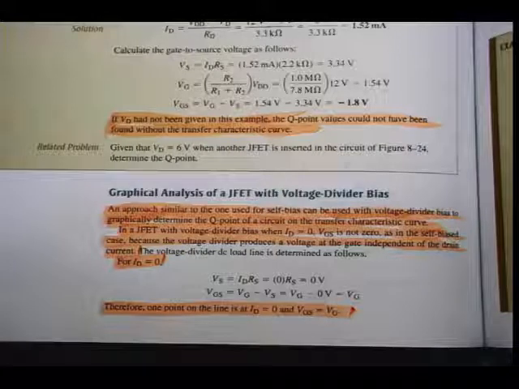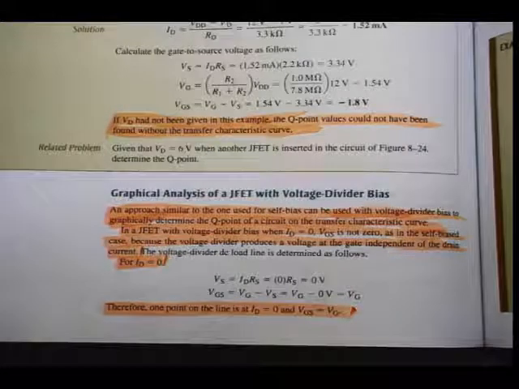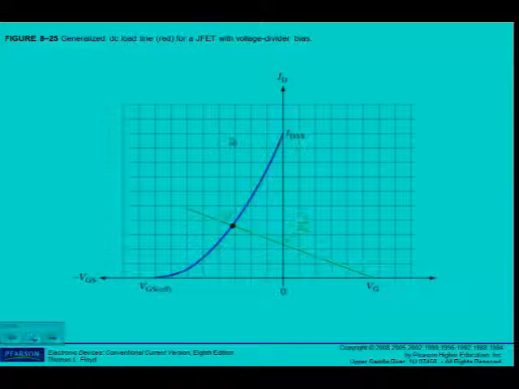Remember, with self biasing, when ID was equal to 0, VGS was also equal to 0, and my load line's first point, the point of origin, started at the 0 point. And I can see in the case of the voltage divider bias JFET, that is not the case.